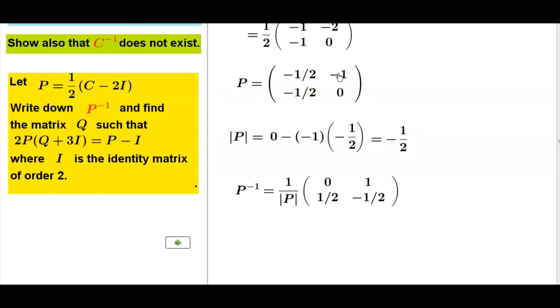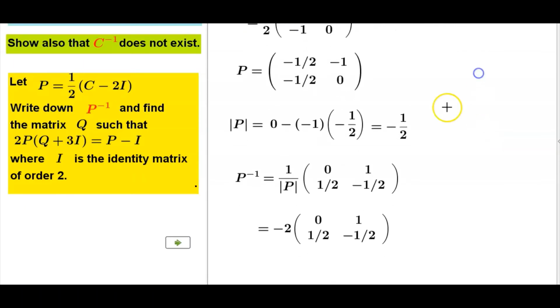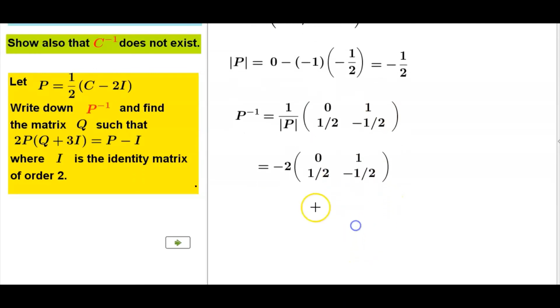Minus 1 into minus 1, minus half into minus half. When simplifying this, the determinant of P is minus half. So 1 over determinant P is equal to minus 2 into this matrix 0, 1, half, minus half.